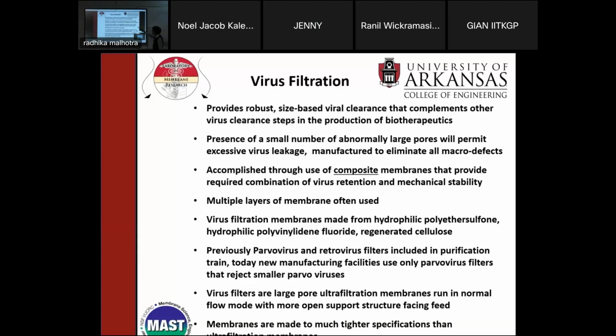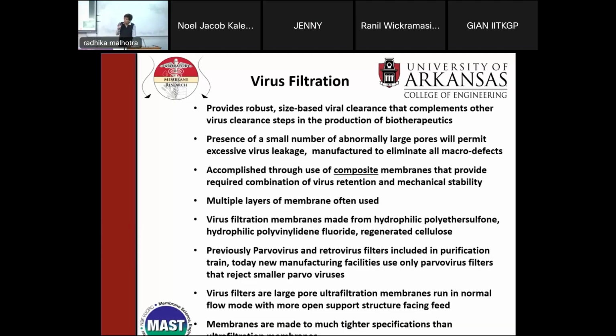Presence of a small number of abnormally large pores will permit excessive virus leakage. Manufacturers must eliminate all macro defects. So here's another thing to think about. When you talk about protein concentration, if you can get, say, 95 to 99% recovery of your protein, that's pretty good. That's fine.